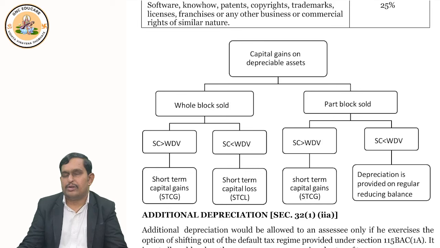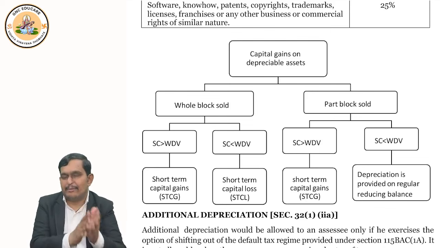But suppose you sold part of the block, now some assets are out and some assets are still there in the block. Then what to do? Then you have to see, is sale consideration greater than the WDV of the block? Sometimes you may sell it for a higher price, correct?